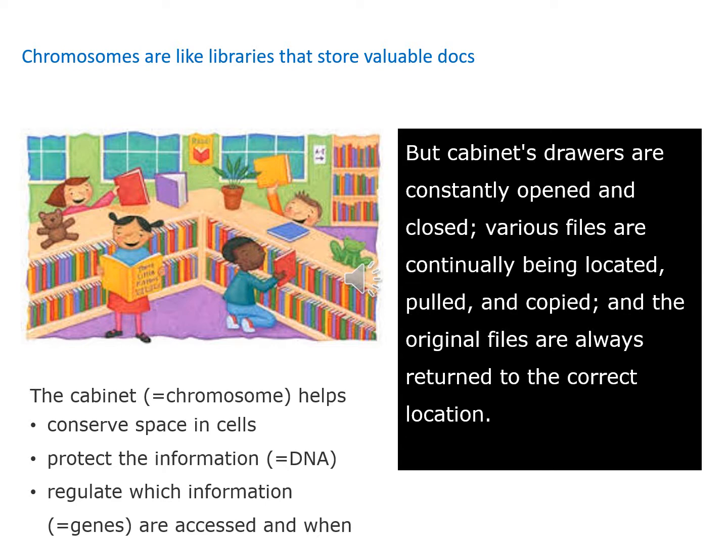That is the purpose of a library. Very similar thing happens in a cell. In a cell, the information in genes is accessed multiple times under multiple circumstances. And how does the cell make sure this is possible?